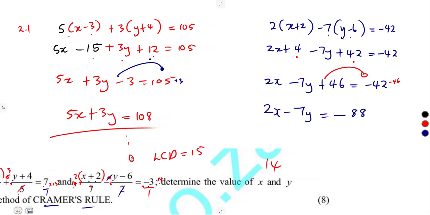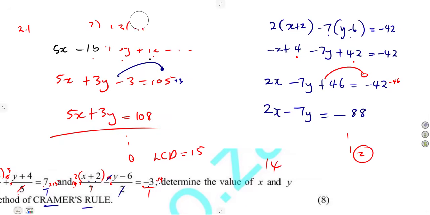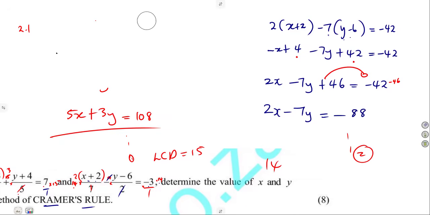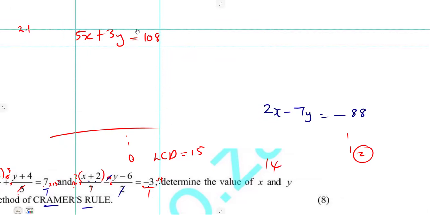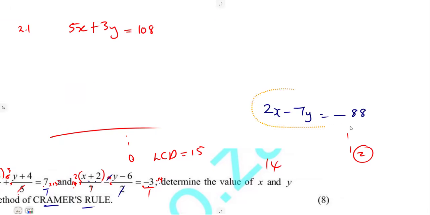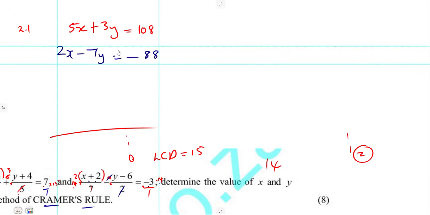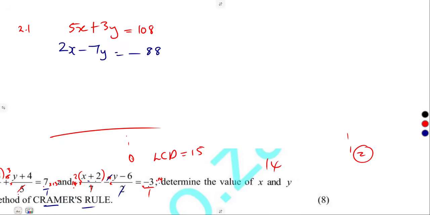So using these two equations that we have formulated, we can apply our Cramer's rule to solve for what? To solve for x and y. So let's take these two equations that we have formulated from here. The first one is going to be our first equation, and this is our second equation.